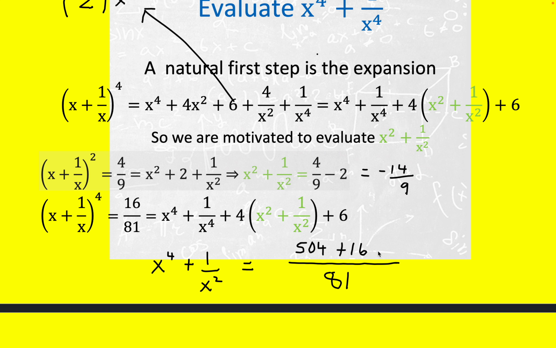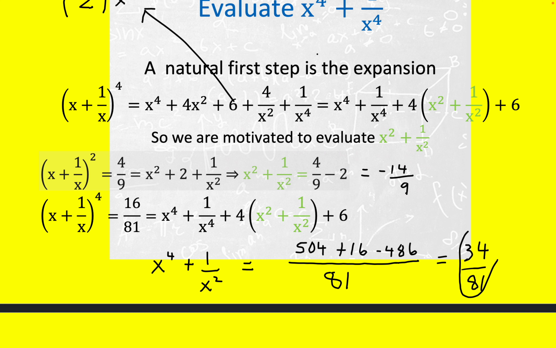And again, you can track the arithmetic. I'm pretty sure I got it right though. Okay, so 486. And when you get everything together here, this would be 520 minus this, which is 34 over 81. Yeah, 34 over 81. Okay, folks? So that's the answer.